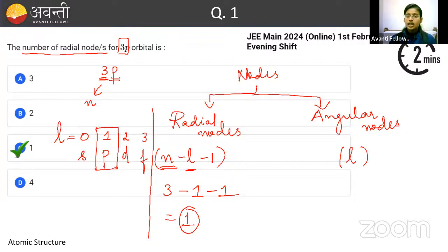I want to give one more formula for you guys. Yes, Taushia, tell me, you have raised your hand, it seems. Do you have any doubt? Tell me.